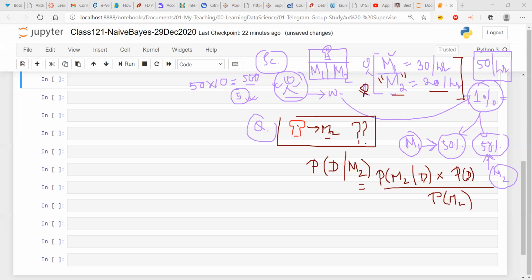Now, how do I calculate these things? What is the algorithm itself? If I understand how this is calculated in this scenario, then I will be able to understand how the naive Bayes algorithm works.